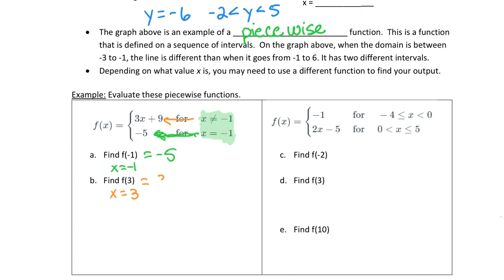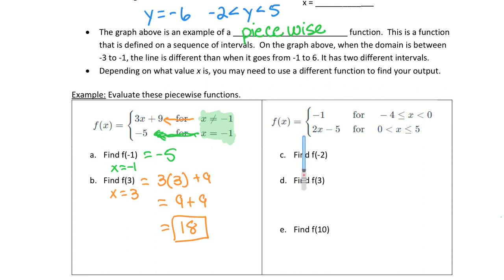So we're going to just substitute 3 for x: 3 times 3 is 9, plus 9, so then we get 18. So my y value when x equals something other than -1 depends on that x value. But when x equals -1, it automatically equals -5.